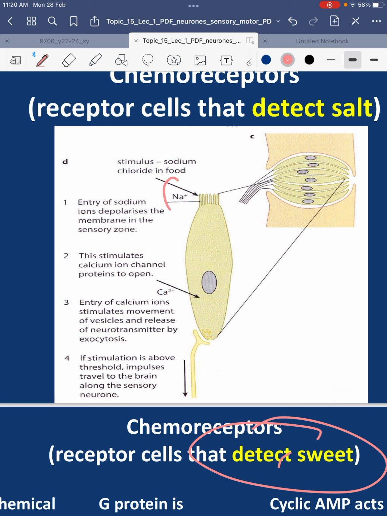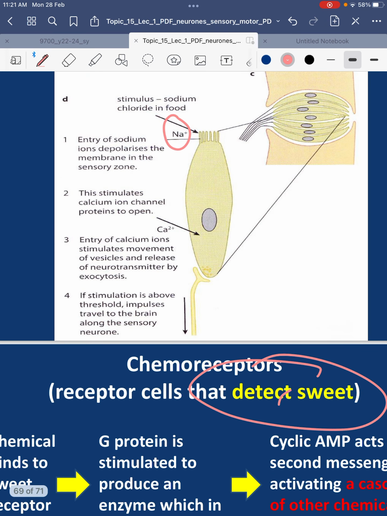So the entry of sodium, because of the food that contains salt, will depolarize the membrane, and it will stimulate calcium to enter. If calcium enters, that means inside here becomes more positive than outside.